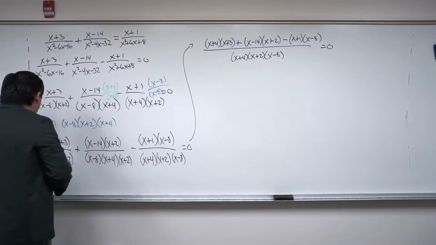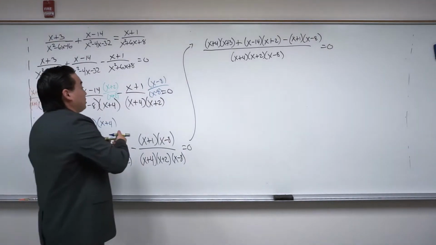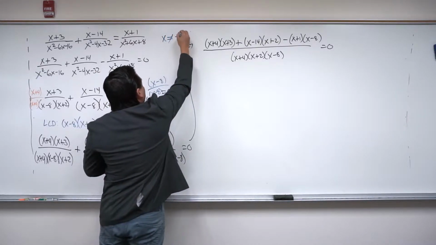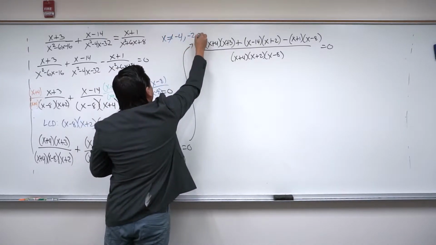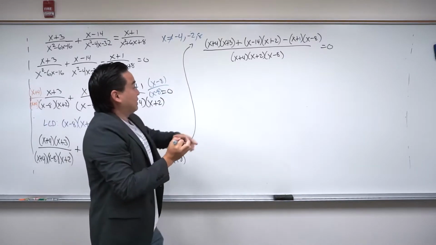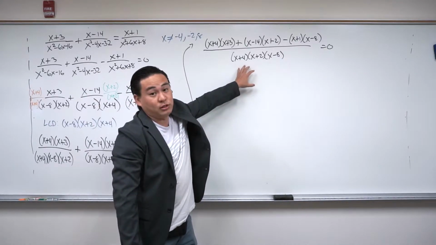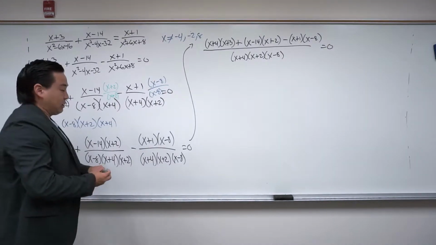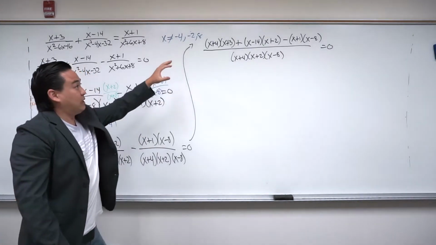So here, we can see the restrictions: x cannot be negative 4, negative 2, or 8, because that'll make this bottom 0 down here. So don't forget we need that, it's important, and we'll see that later on.